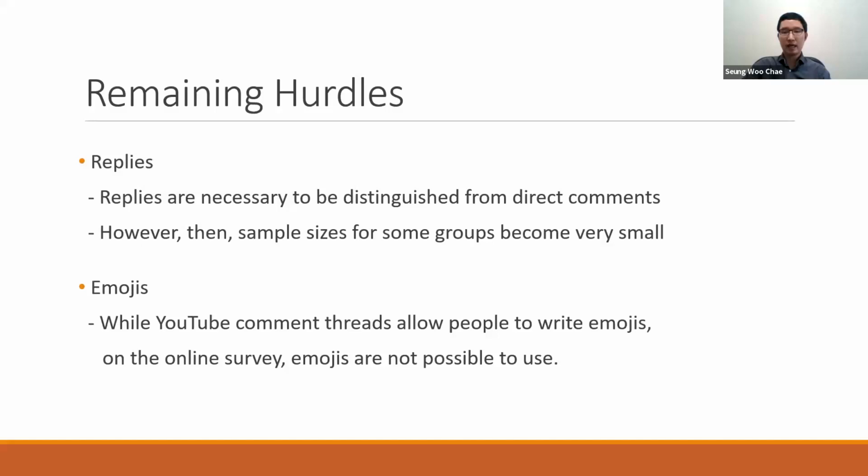So I think I should think more about this, because emojis are a kind of new venue that I and other researchers on online comments should explore. Yeah, that's it. That's the end of my presentation.